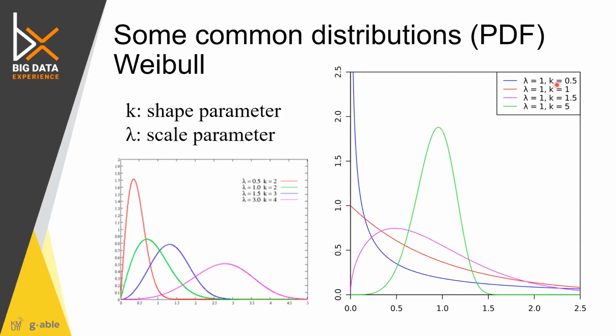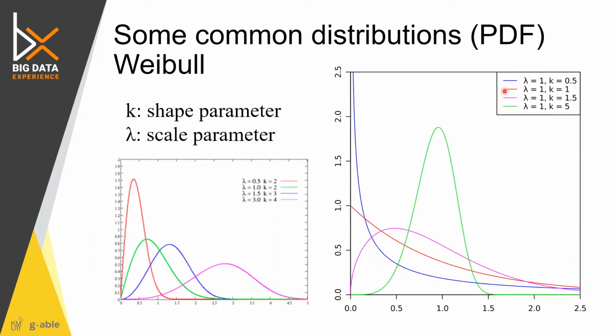This one might be better in terms of explaining k. If k is less than 1, similar to the gamma distribution, you get something akin to an exponential distribution.